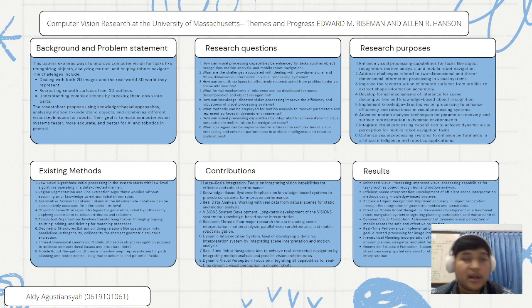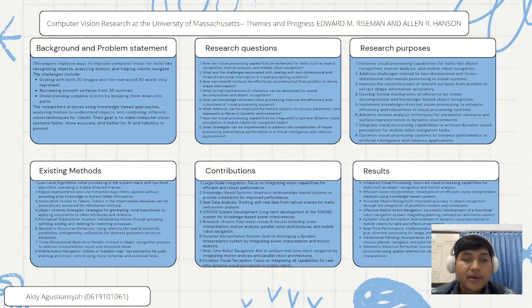The challenges include dealing with both 2D images and the real 3D world they represent, recreating smooth surfaces from 2D outlines, understanding complex scenes by breaking them down into parts.